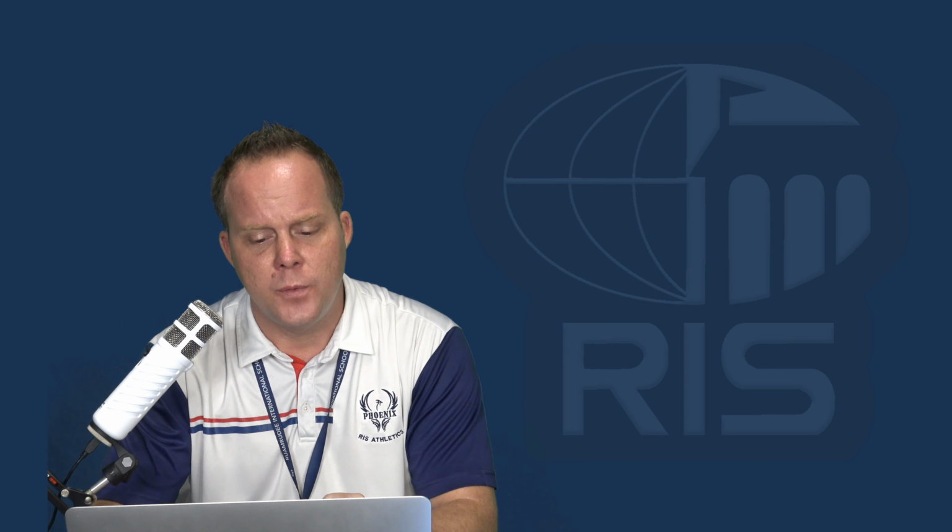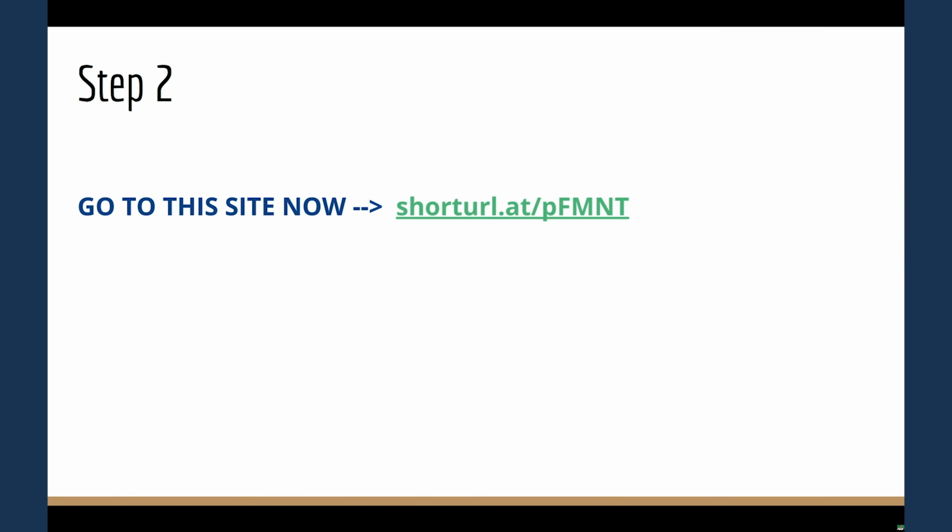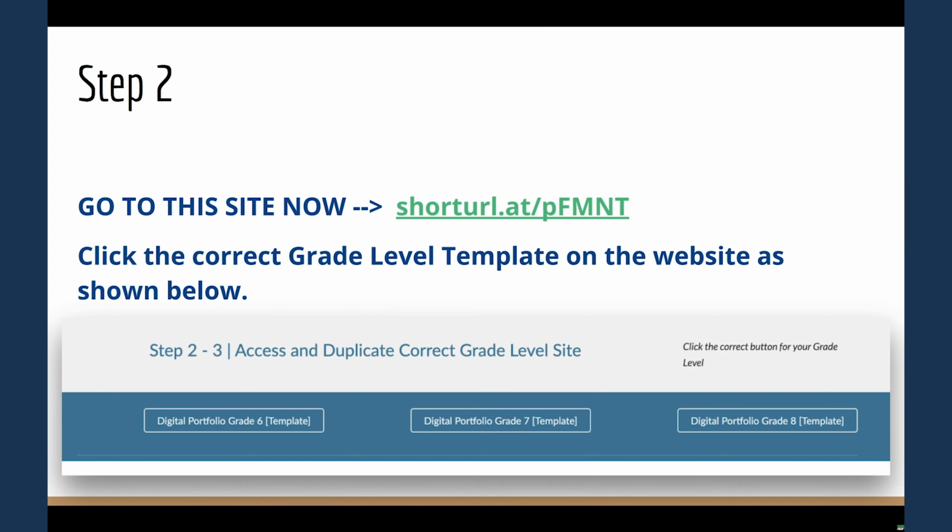To do this, we will go to the short URL at pfmnt. We will find the step 2 and 3 section on the website, and select the correct template to use for our grade level. Then we will make that copy soon. So let's see how to do this.